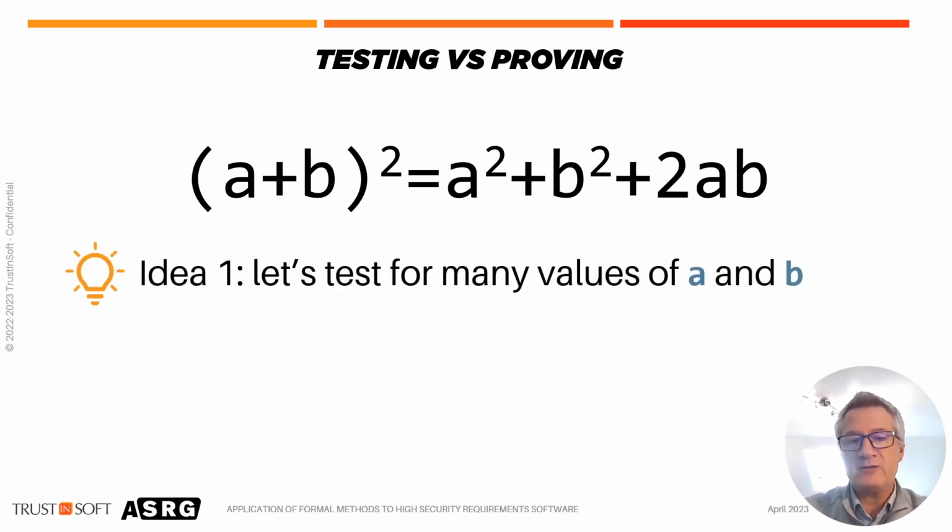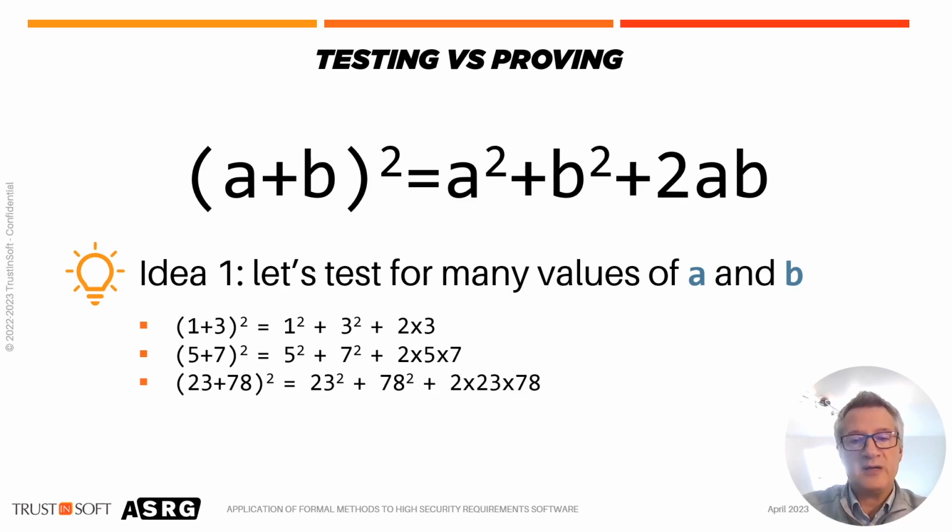If I want to do that through testing, the idea would be to test for many values of a and b, let's say 1 and 3, so (1 + 3)², 4 squared, equals 1 squared plus 3 squared plus 2 times 3, then I try another value, then another value, etc. Even in the world of computers, where integers do not have an infinite range, just an extra large one, that's already an enormous number of combinations.